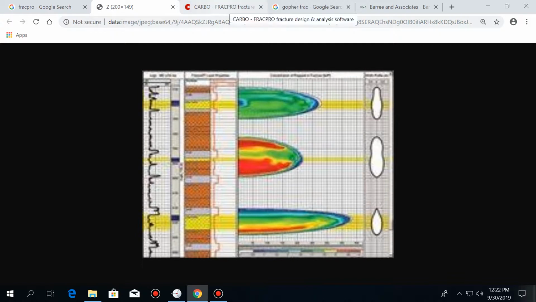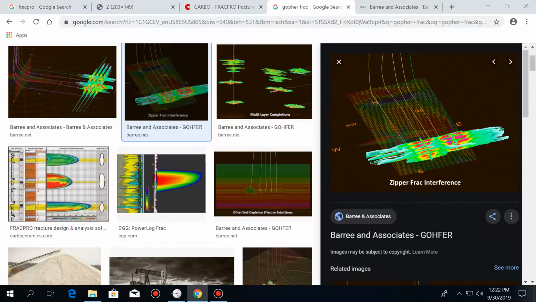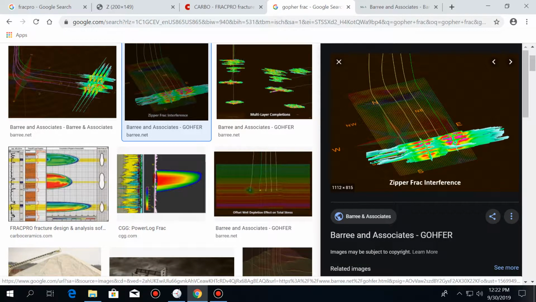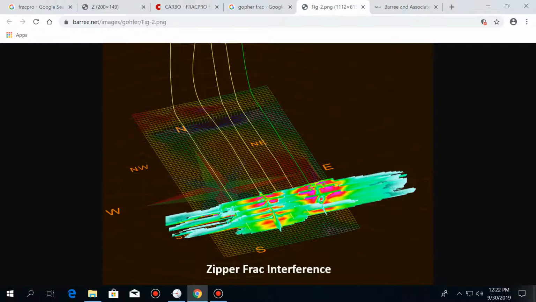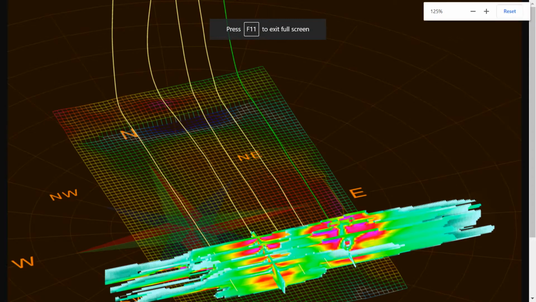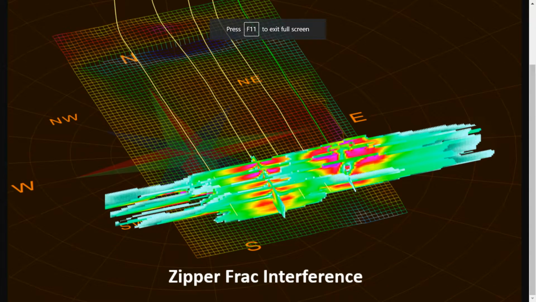If you want to predict how multiple fractures open up, okay, this is a good one. If you want to predict what is the width, again, of multiple fractures, you need to solve for these equations.